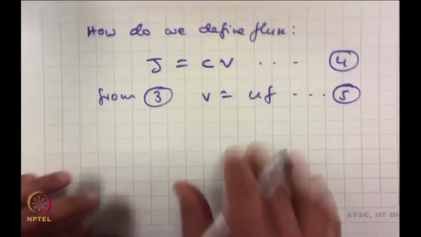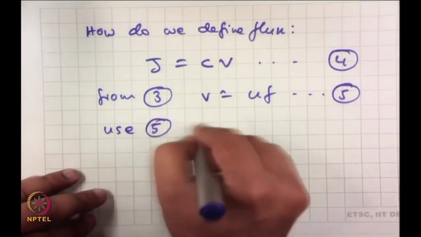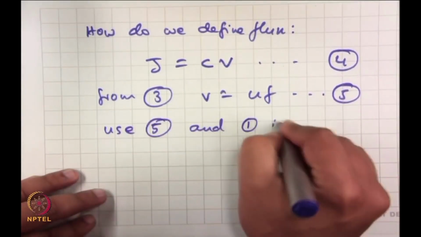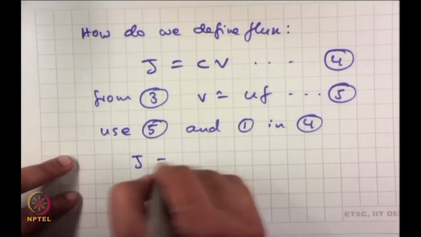Now, use 5 and 1 in 4. You know what V is, it is equal to u times F, and you know the force on a charged particle is given by equation 1. So, then what is your J equal to?